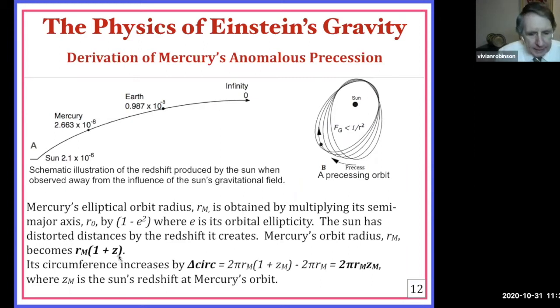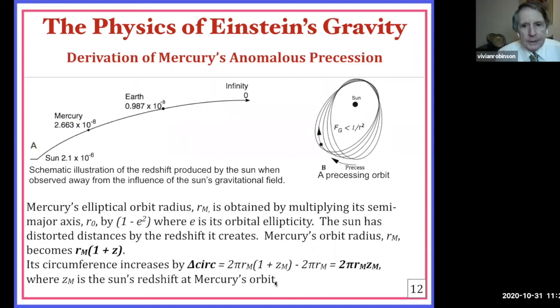That is the extra distance that Mercury has to travel to complete a full cycle from perihelion to perihelion. Having to travel that extra distance means it has to travel a little longer to get back to its perihelion position. That is why Mercury's orbit precesses in its direction of travel.